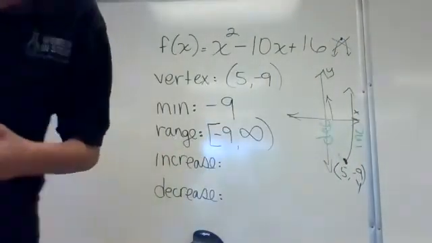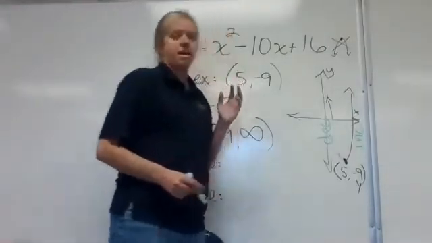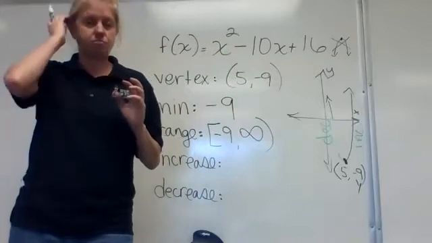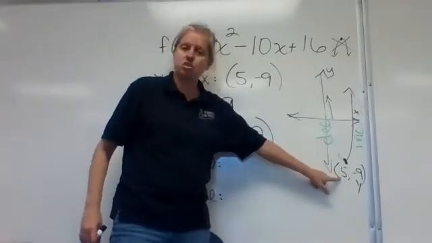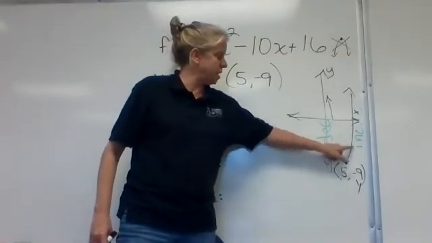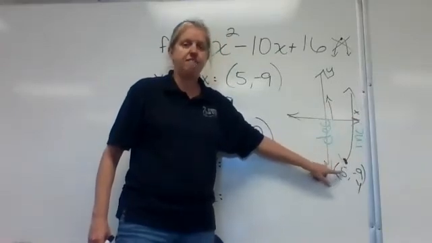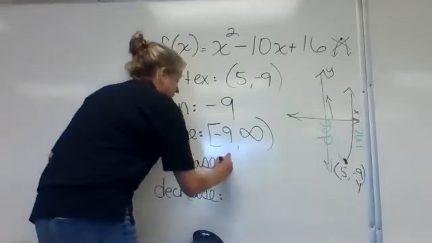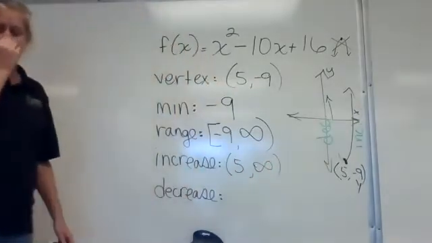Okay, so if that's the case, let's talk about the increase. Now, when you're talking about increasing and decreasing, you're still using the vertex number, but you're using the x coordinate. So here's my increase side. This is where I start increasing, at 5. Okay, I start my increase at 5, and then I increase forever to infinity.